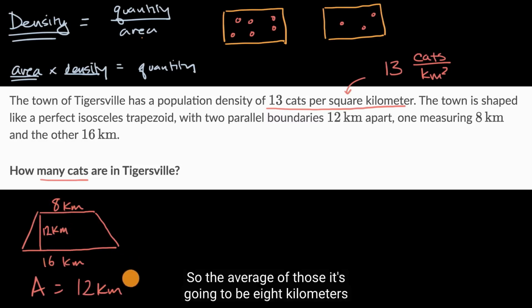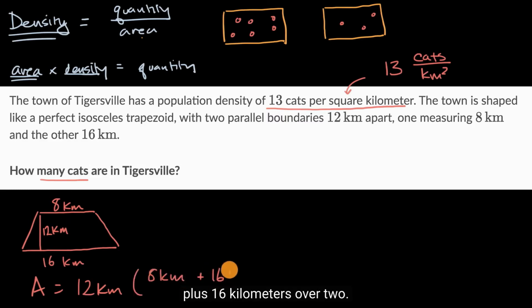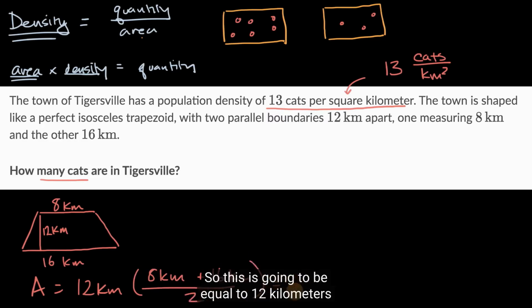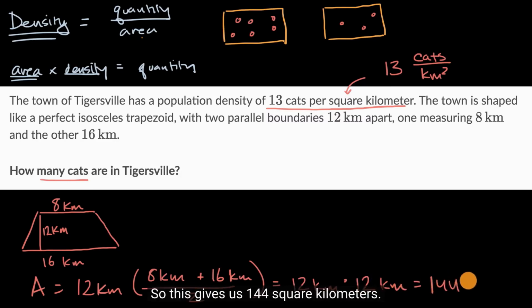So it's going to be 8 kilometers plus 16 kilometers over 2. So this is going to be equal to 12 kilometers times 8 plus 16 is 24, divided by 2 is 12. So times 12 kilometers. So this gives us 144 square kilometers.